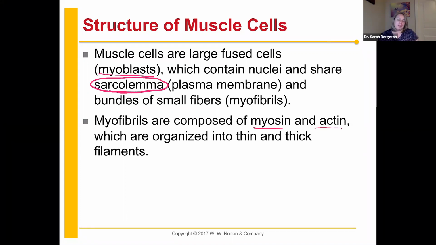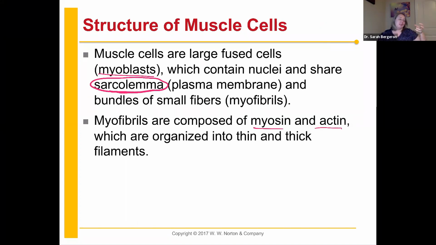Myosin is a single protein, but myosin doesn't exist in the cell usually as a single protein. At least in muscle cells, it basically hooks on multiple in a row. We call that row of myosin molecules thick filaments. And then actin is a globular protein.